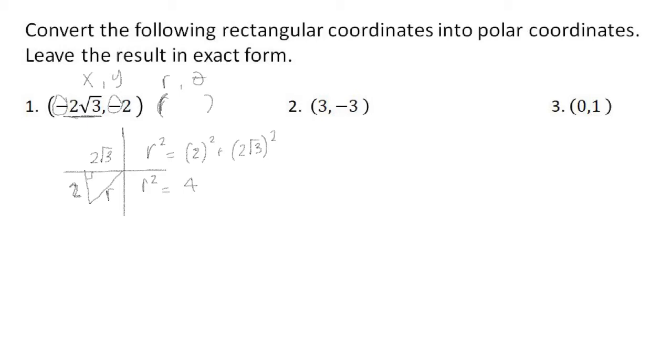So I get 4 plus, now don't forget to square both 2 and the root 3, so that's going to give you 4 times 3, which is going to give us 12. So we have r squared is 16, so r is 4. So we know this part of our answer is going to be 4. Now we have our radius length.